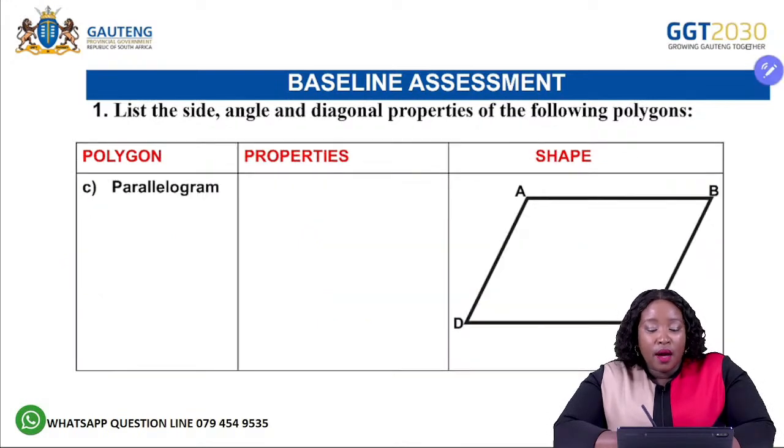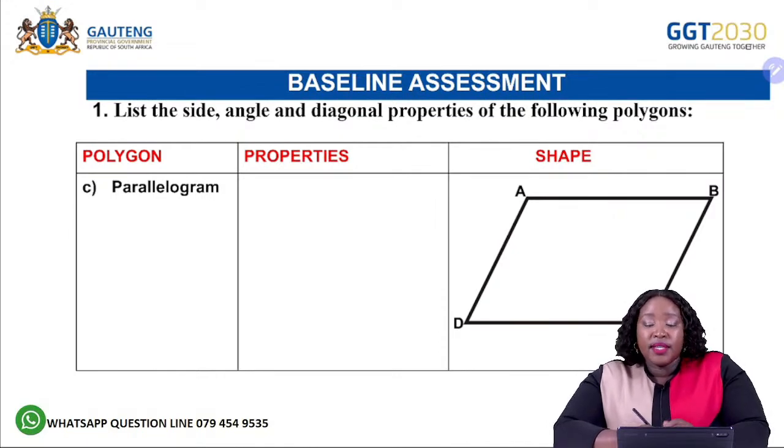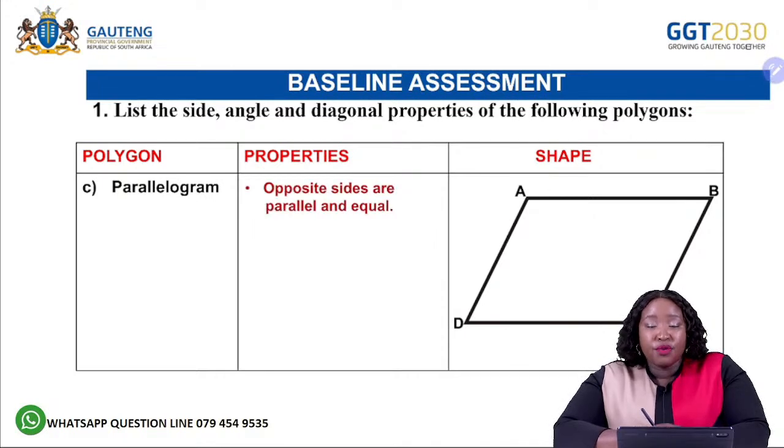Okay, now I'm going to do the properties of a parallelogram. Okay, this is what your parallelogram would look like, right? We also called it ABCD for ease of being able to write the mathematical statements necessary. So in a parallelogram, opposite sides are parallel and equal. I think you're seeing that this is a trend.